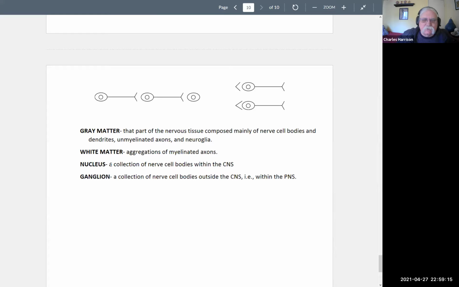So there are places in the brain where we have various nuclei that seem to be responsible for certain actions of the body. And a ganglion, a term we've used a lot, is a collection of neural cell bodies, but it's outside the CNS. In other words, it's within the PNS. Okay, there are no ganglia in the central nervous system.